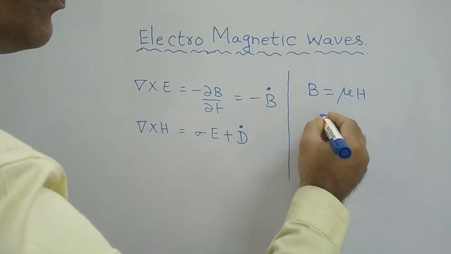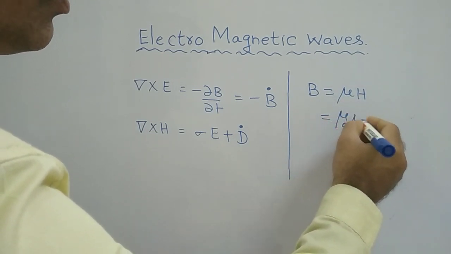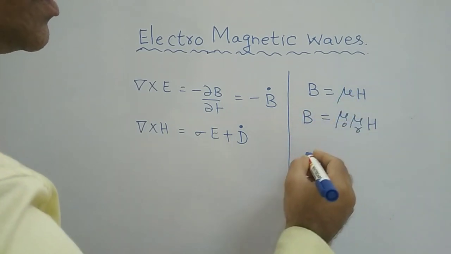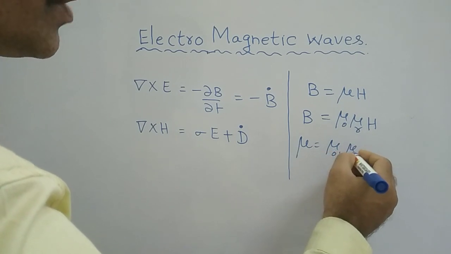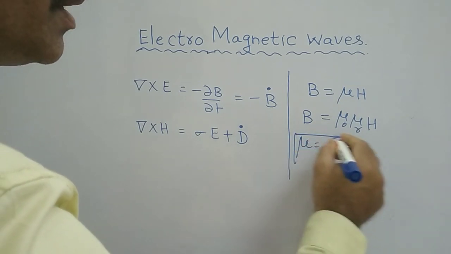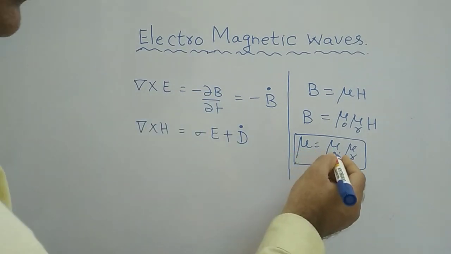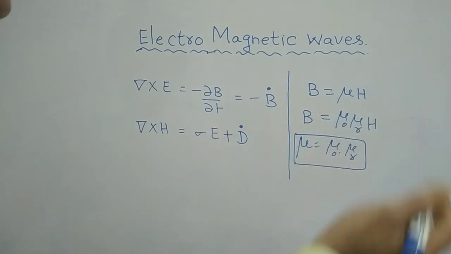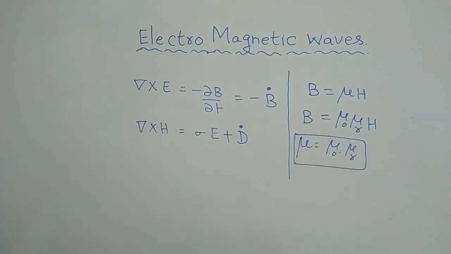This can be written as B is equal to mu naught into mu R into H, because mu is equal to mu naught into mu R. This is the actual definition for permeability. Mu naught is the permeability of free space, and mu R is the relative permeability of the medium.